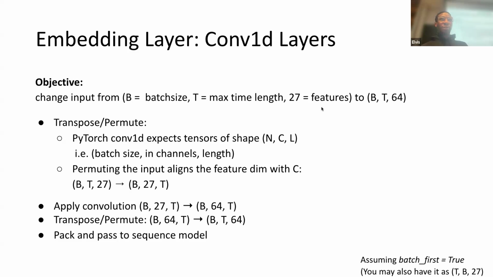So you might want to do a permutation to put it in a structure understandable by PyTorch. You permute the input to align with the dimensions we see. What this does is switch these dimensions from T to 27, as you can see here. You apply this in your convolution, even when you are doing padding and packing, so just take note of that.